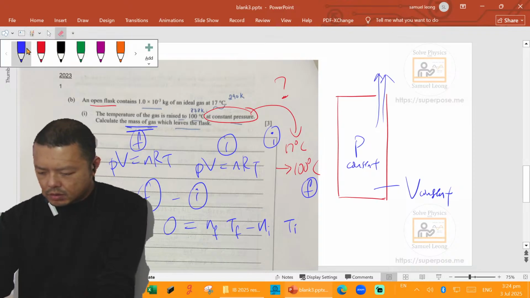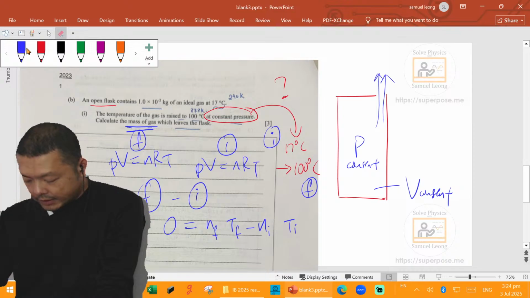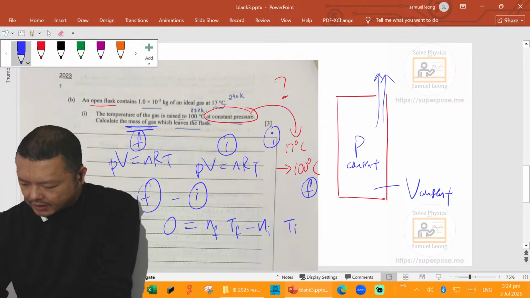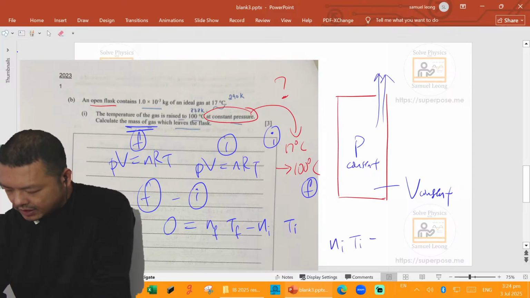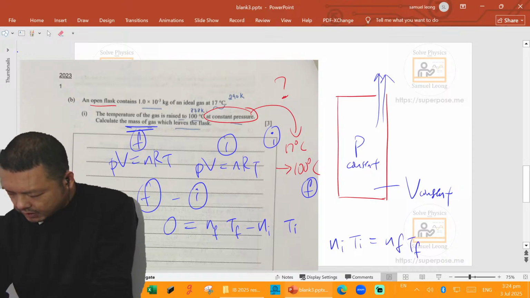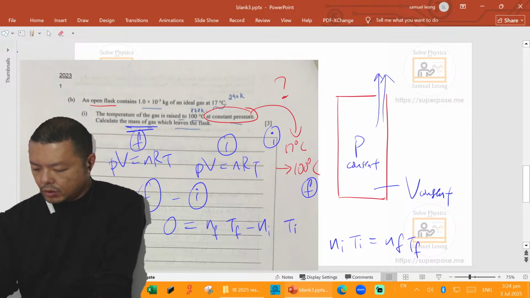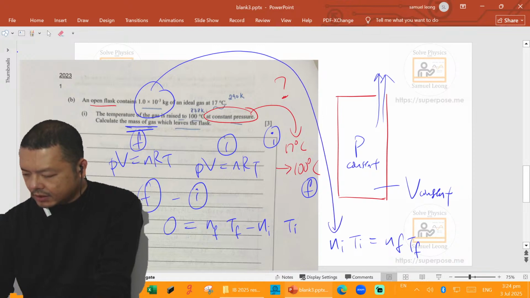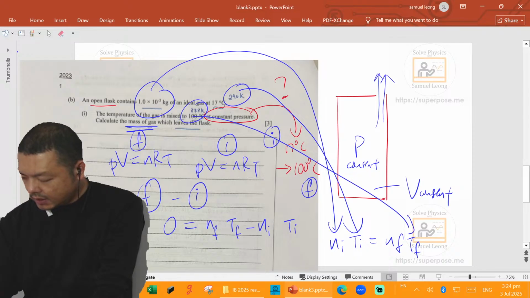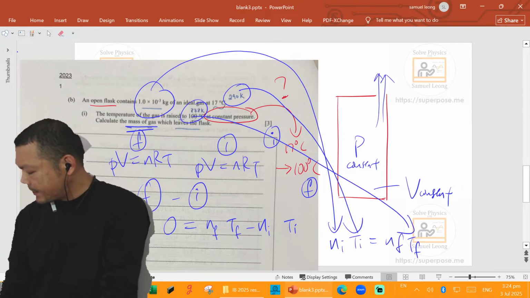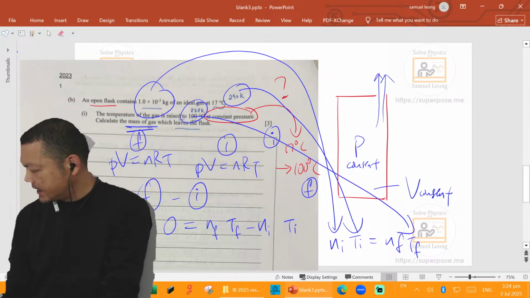So basically n initial T initial equals n final T final. The n initial is here, the T initial is here, the T final is here. Your job is to find n final in terms of mass, and then you find the difference, n final minus n initial.